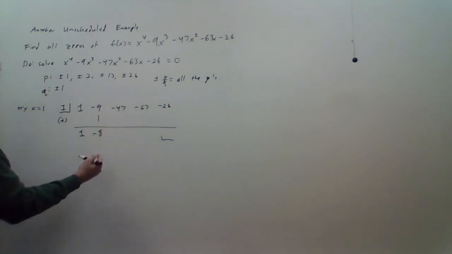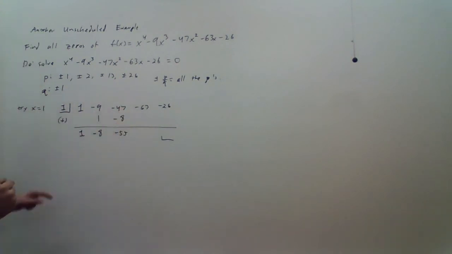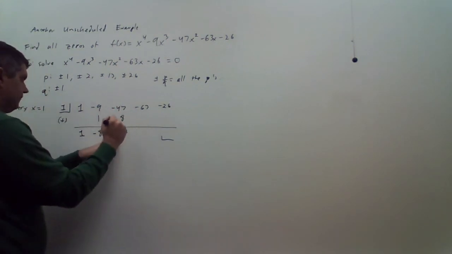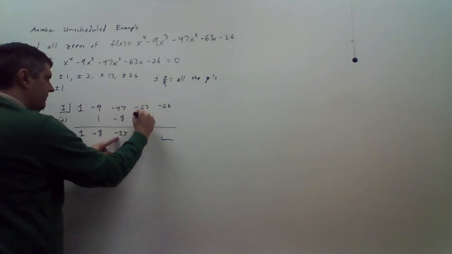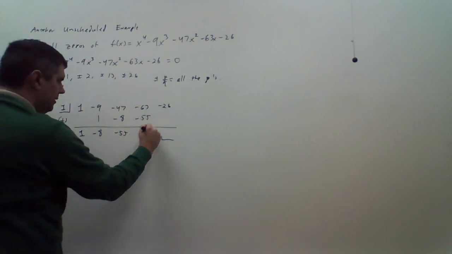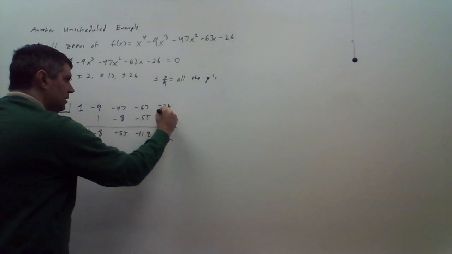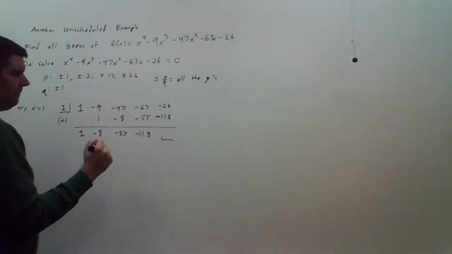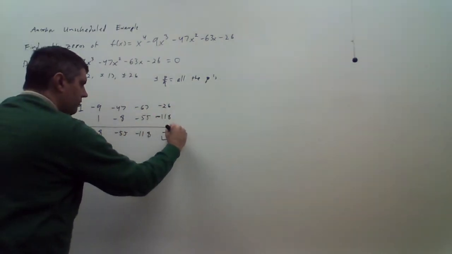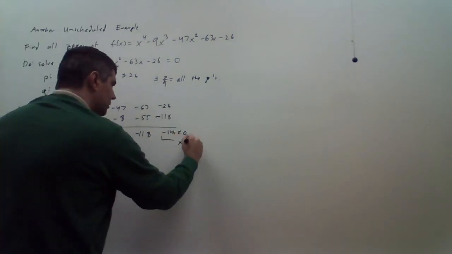That's negative 8. 1 times negative 8 is negative 8. That is negative 55. 1 times negative 55 is negative 55, and that is going to be negative 118. And then times another 118 is going to give me negative 144, which is not 0. Okay, so x does not equal 1.